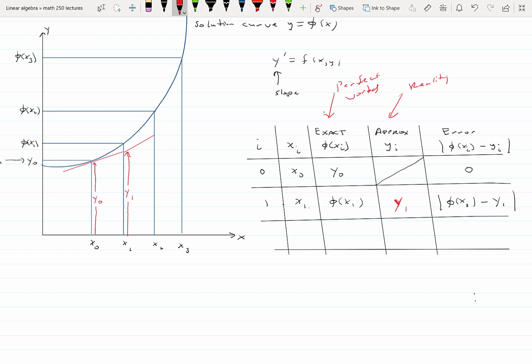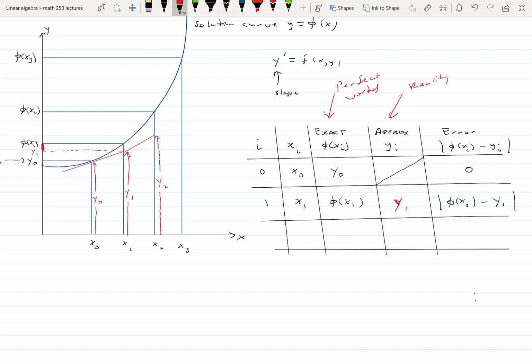In fact, the next approximation, y2, is straying away from the solution curve by a lot more than y1 did. Okay, y1, if you look at it, the actual y value on that line missed phi of x1 by quite a little bit right here.